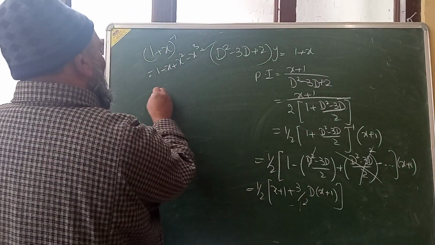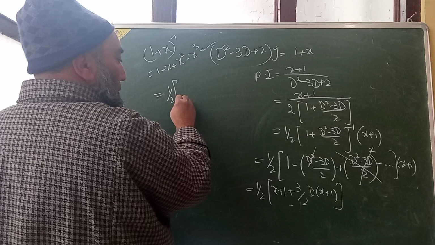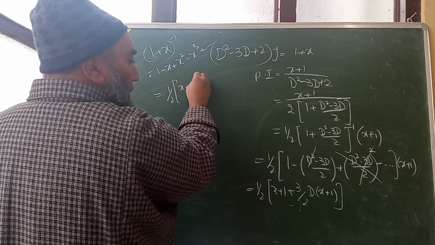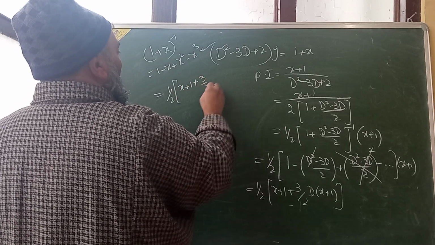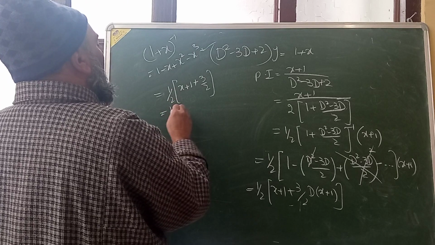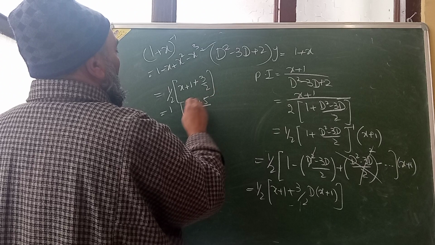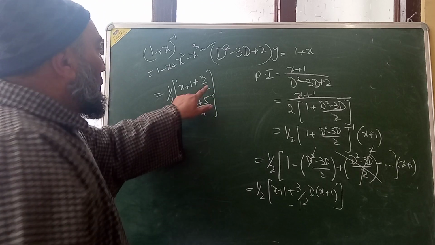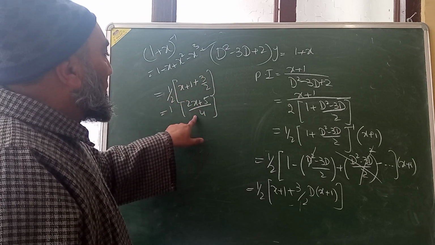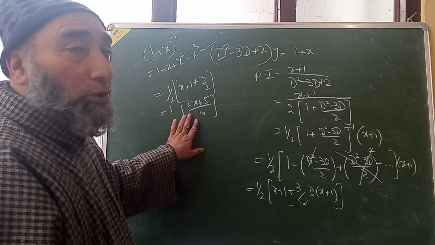So what is the solution? 1 by 2, x plus 1 plus 3 by 2. Or you can simplify it: 2x plus 5 by 4. 2x plus 2 plus 3 is 5, divided by 2 into 2, 4. This is the particular integral.